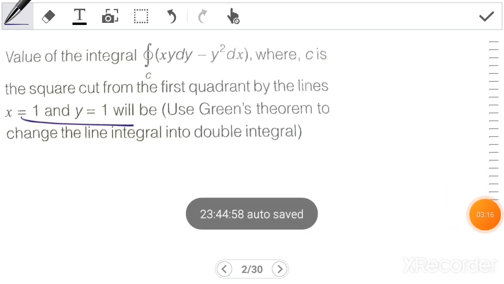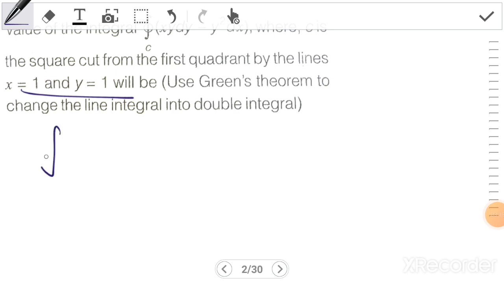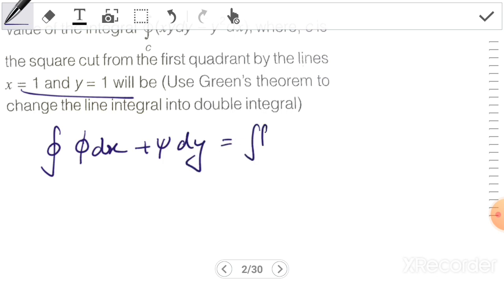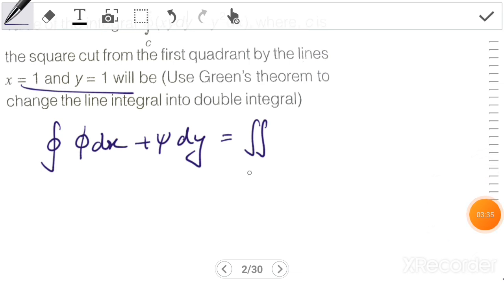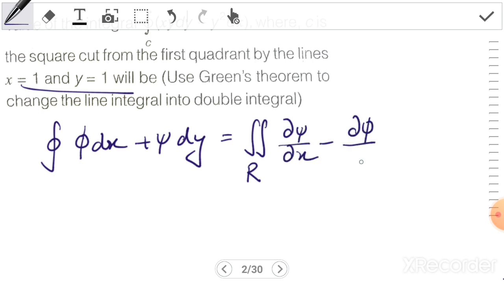So what Green's theorem says is, you have two continuous functions phi and psi, which is equal to double integral over closed bounded region R and two continuous partial derivatives, d psi by dx minus d phi by dy dx dy.